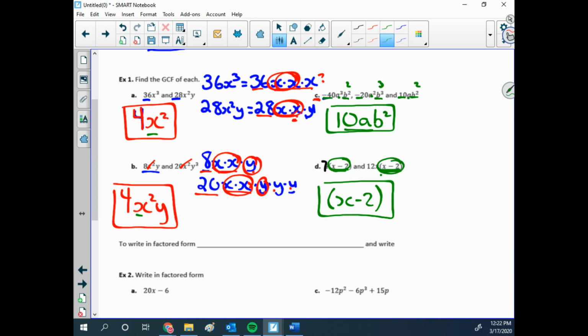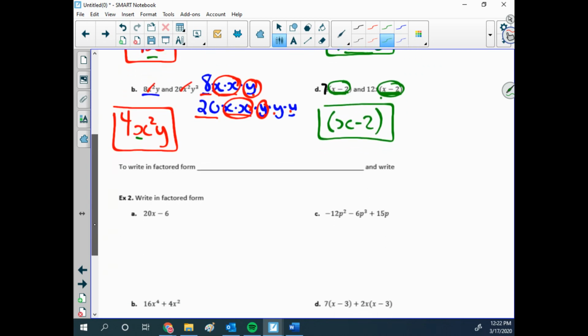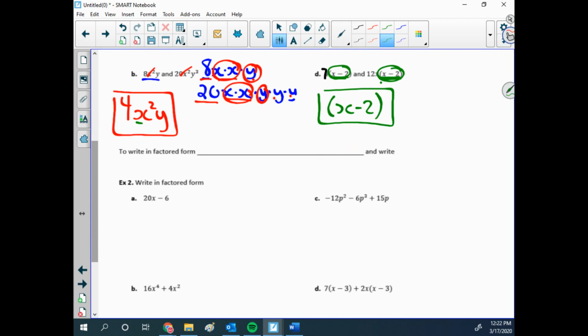All right. So that's starting, and that's identifying the greatest common factor. Now what we want to do is be able to identify the greatest common factor and then write that in factored form. And factored form is a way of telling us what things got multiplied together to result in a polynomial. And so to write in factored form, what I need to do is remove the GCF and write what is left.